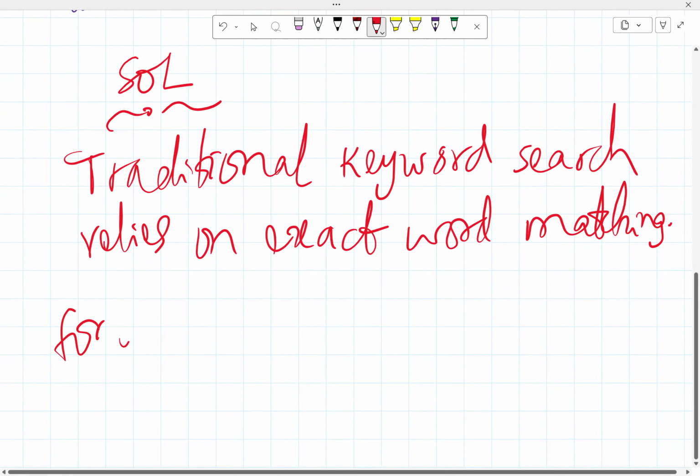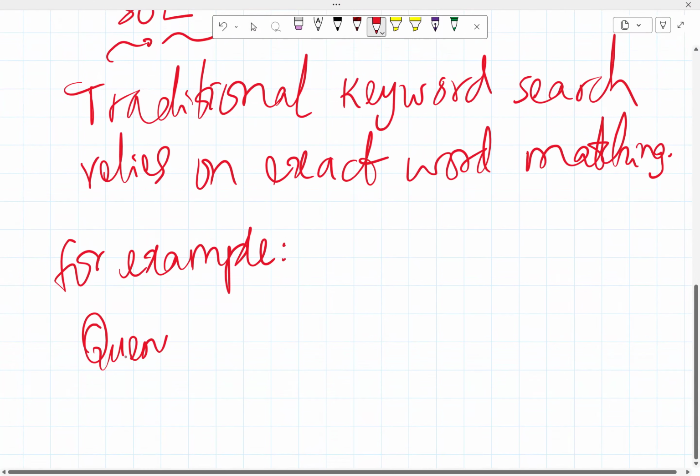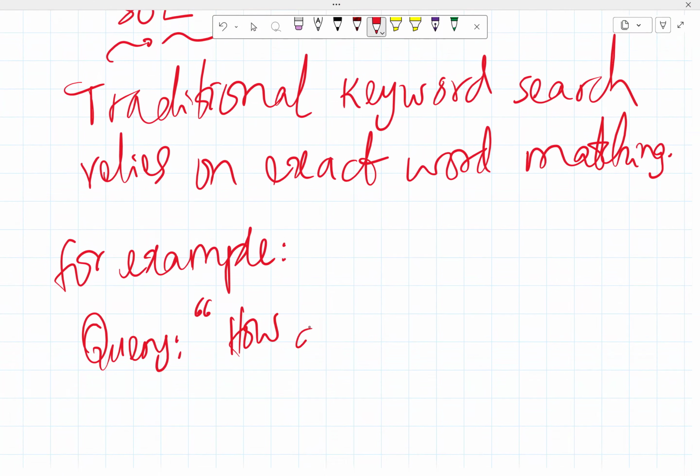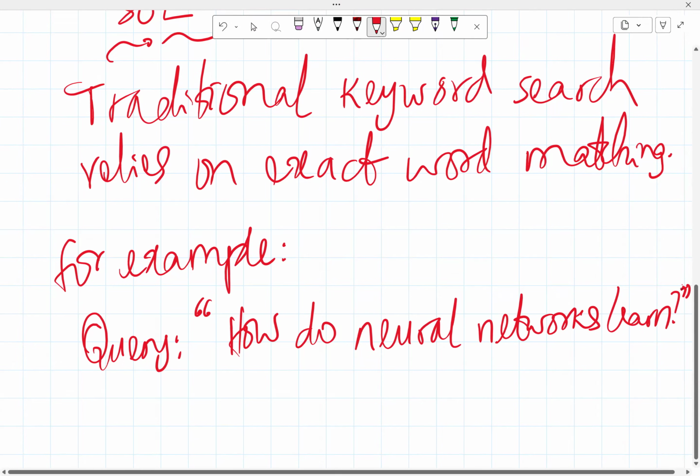For example, imagine you have a query: how do neural networks learn? So that's the query right there. How do neural networks learn?